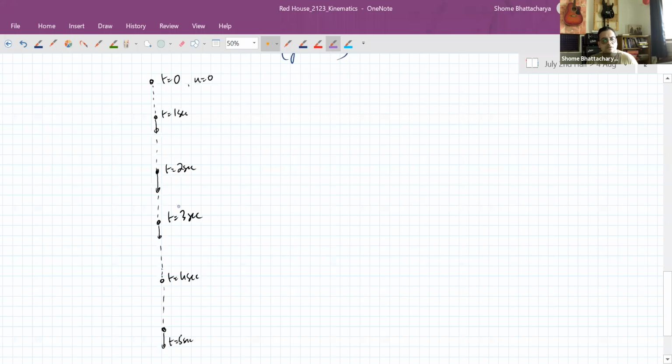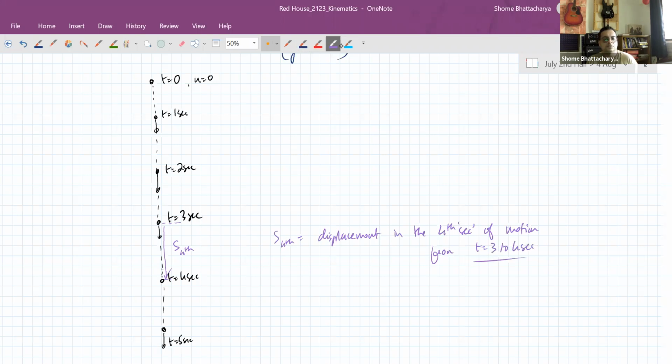So in our diagram, this is the displacement from here to here. This is the displacement in the 4th second, that is from t equal to 3 to 4 seconds from the start.